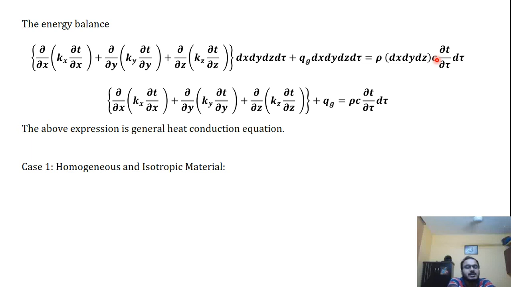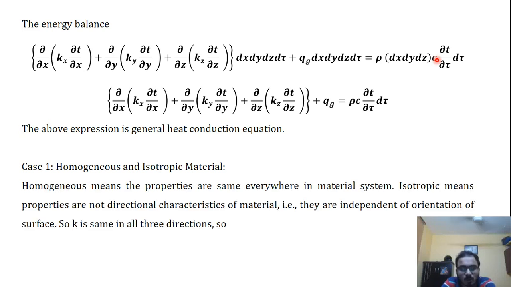Now case 1 we are going to discuss is homogeneous and isotropic material. This was one of the assumptions of Fourier's equation. Homogeneous means the properties are the same everywhere in the material system, and isotropic means properties are not directional characteristics of the material, so they are independent of the orientation of the surface.